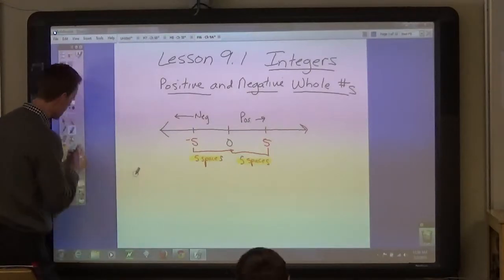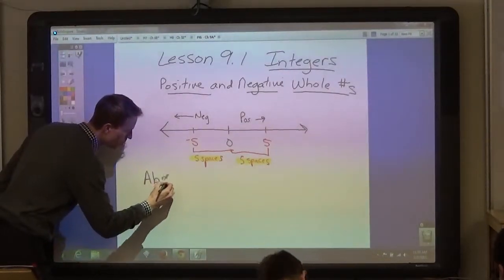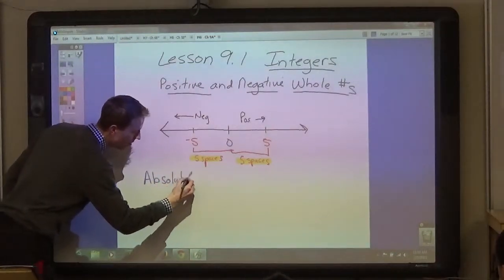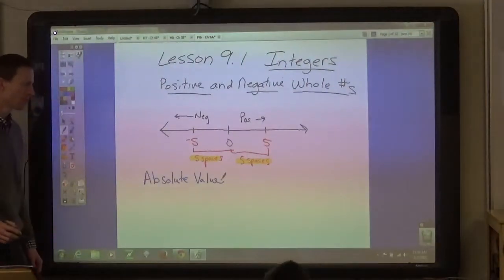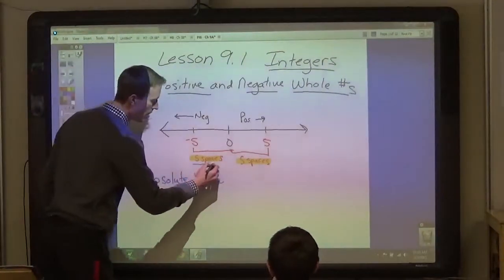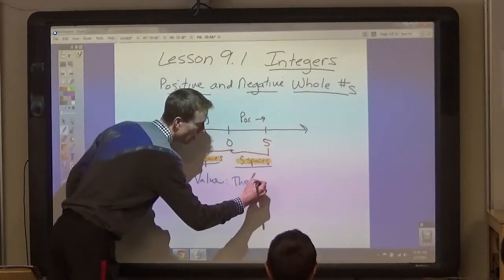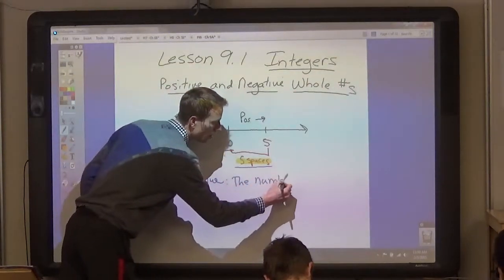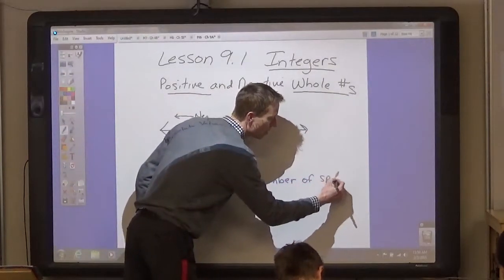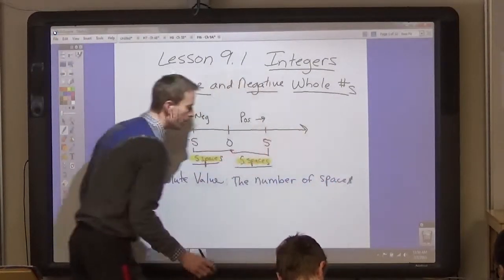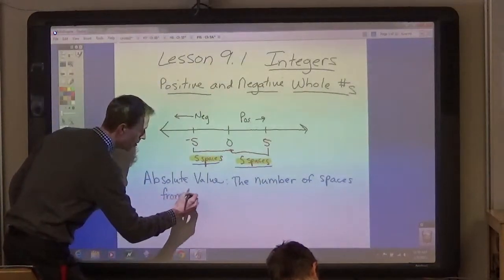Because absolute value, and write this down, is the number of spaces from 0.